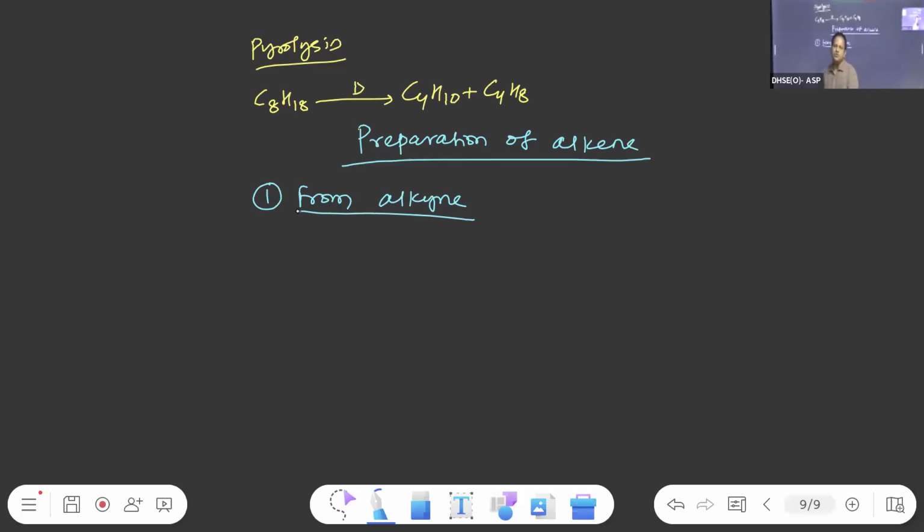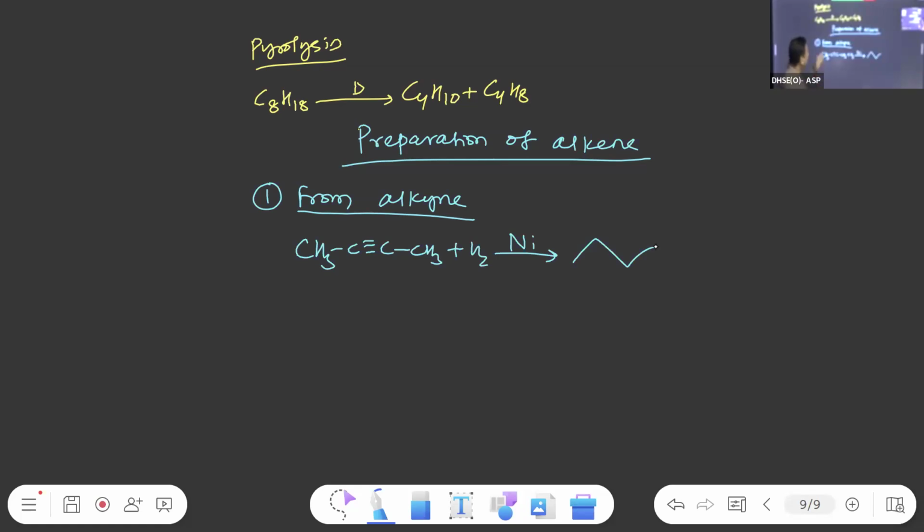If we use the same reagent, like the hydrogenation method, that is addition of hydrogen in the presence of palladium, platinum, or Raney nickel, then the reaction cannot be stopped at the alkene stage. Suppose we take hydrogen in the presence of nickel, the reaction will be stopped only after formation of butane.